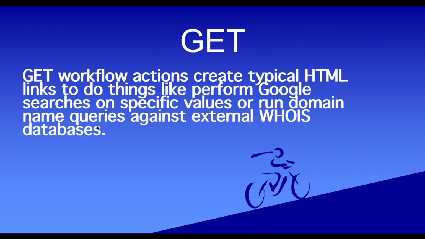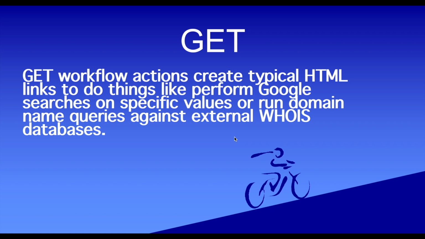A get workflow action creates a typical HTML link to perform a Google search on a specific value, or run a domain name query against an external WHOIS database. This we can achieve through get. That simply means we are getting some information from outside Splunk, the external WHOIS database.